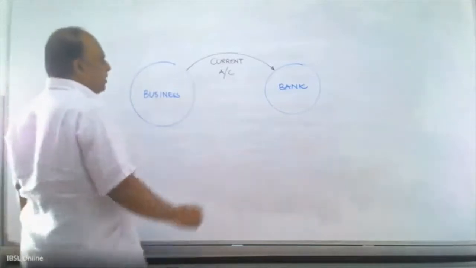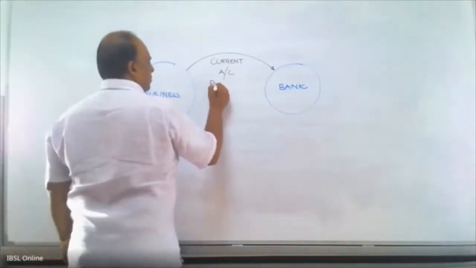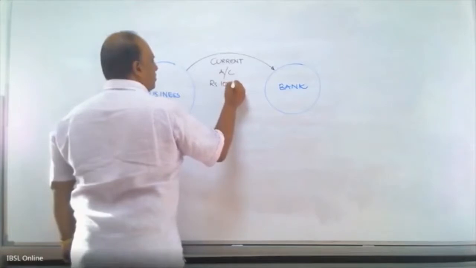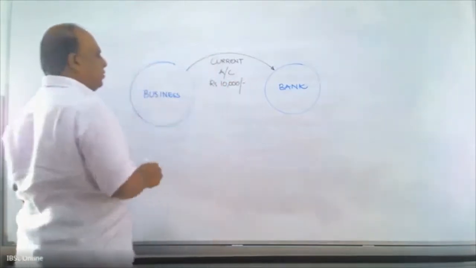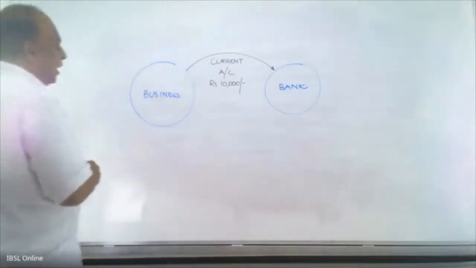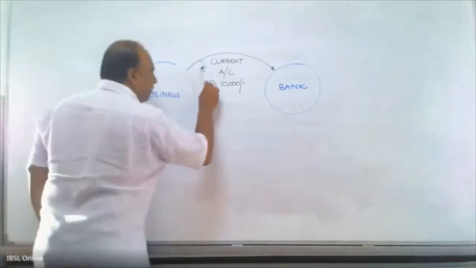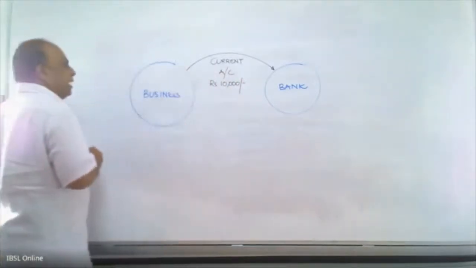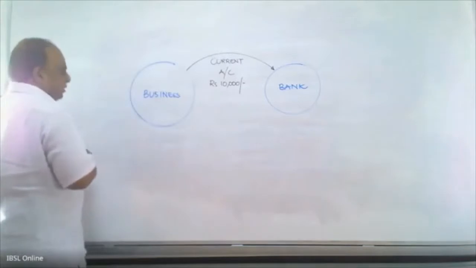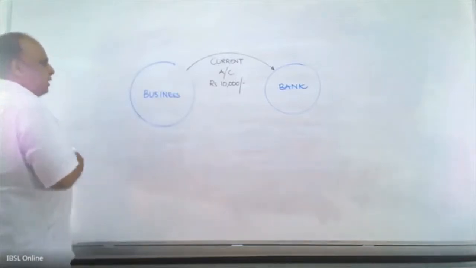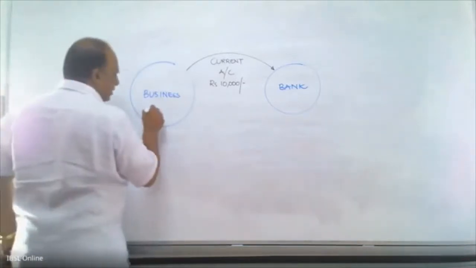And you go and deposit, let's say, 10,000 rupees. Now you tell me, when I have 10,000 rupees in my current account with the bank, is it an asset or a liability for the business?